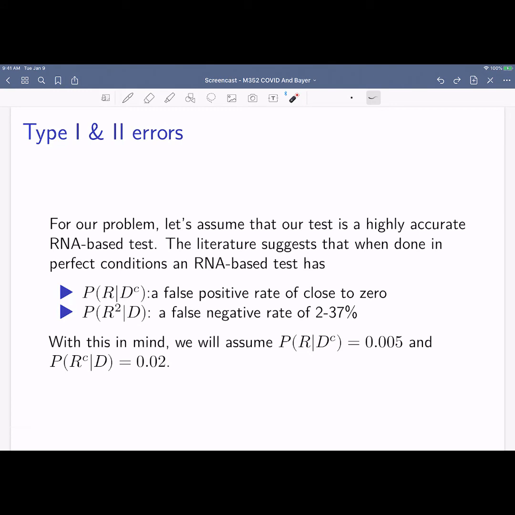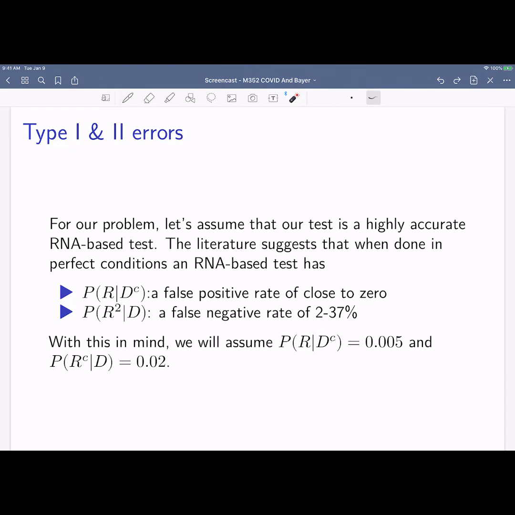So for our problem, let's assume that our test is highly accurate and it's RNA based, so it's like that PCR test. The literature suggests that when done in perfect conditions, an RNA-based test has a false positive rate that's close to 0 and a false negative rate of 2 to 37%.